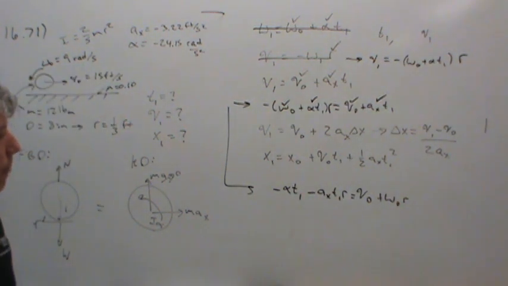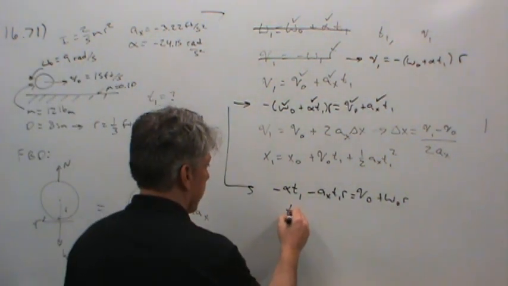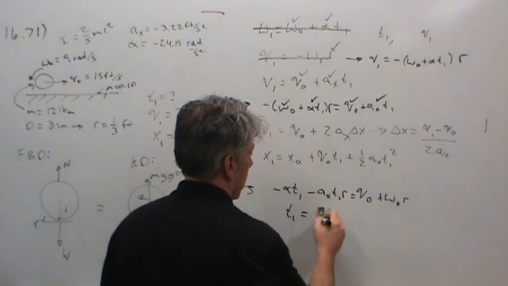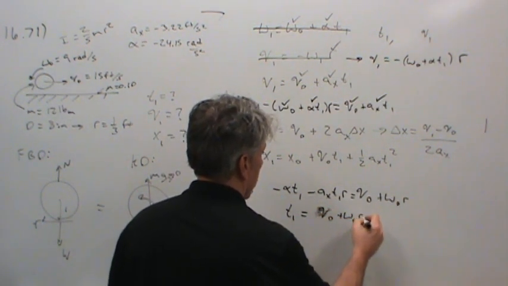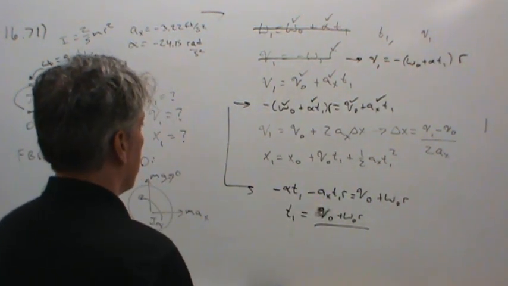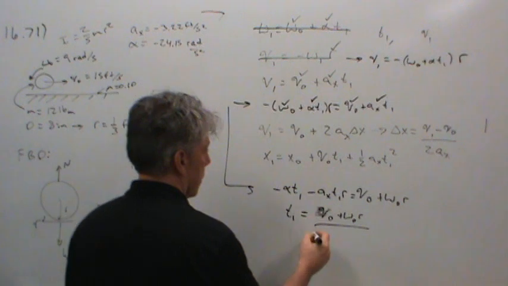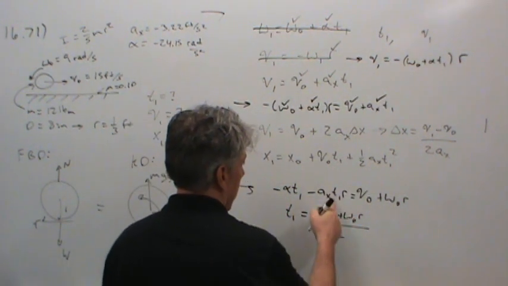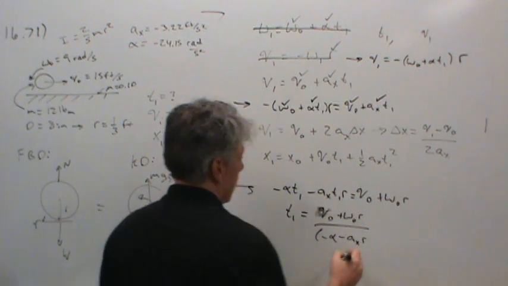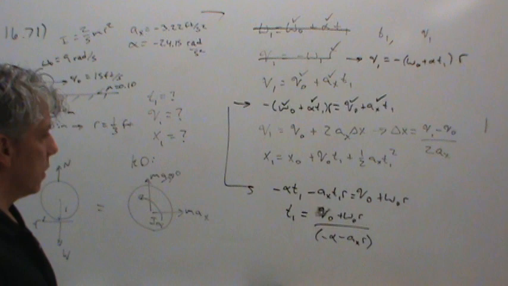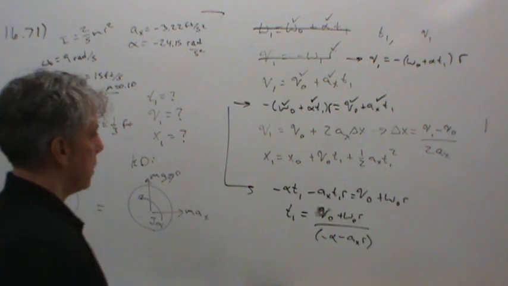Okay, there we go. All right, so solving for T1, I'd have V naught plus omega naught R divided by all the multipliers. Wait a second. Oh yeah, T1 is what I'm solving for. So that would be negative alpha minus, let's see, AX R. I still feel like something's wrong because, yeah, these don't make sense.